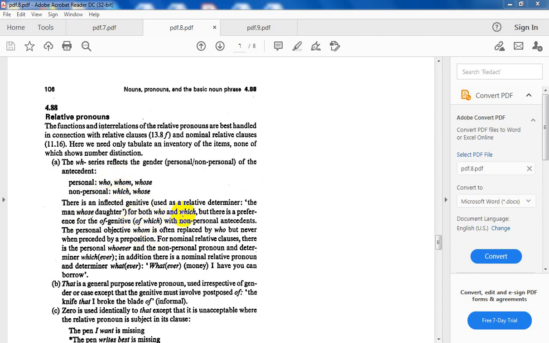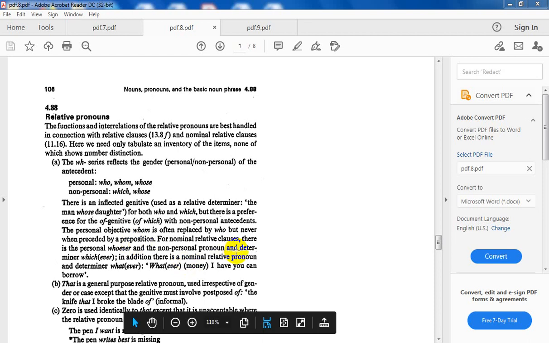For both who and which, they are referred to with the genitive, with a personal antecedent. The personal objective whom is often replaced by who, but never when preceded by a preposition. It is okay to replace whom by who, but if it is preceded by a preposition, you restrict yourself to using whom, not who.